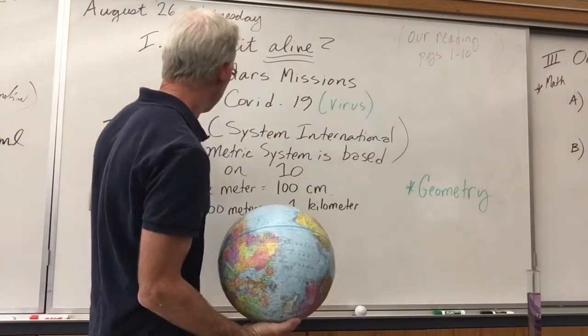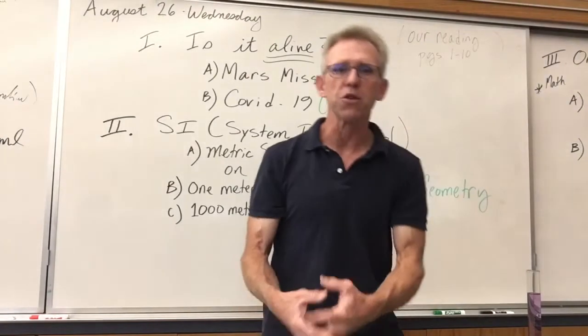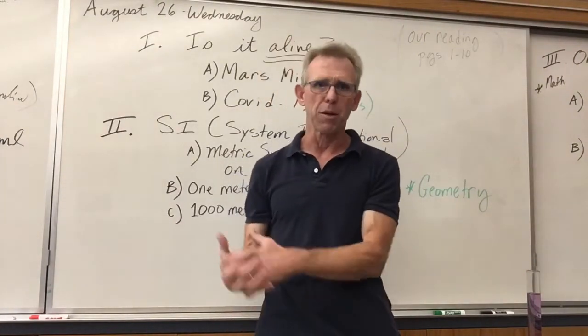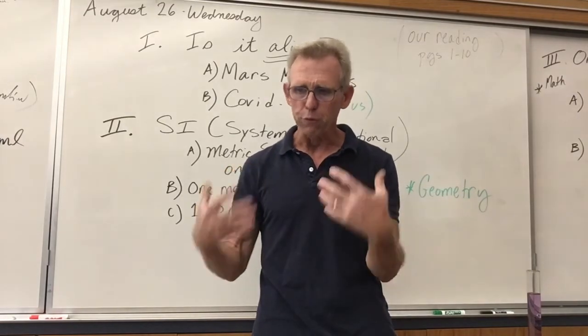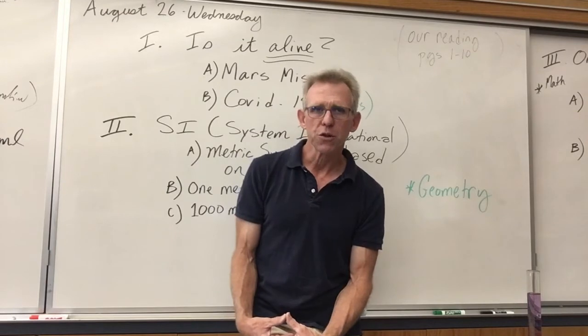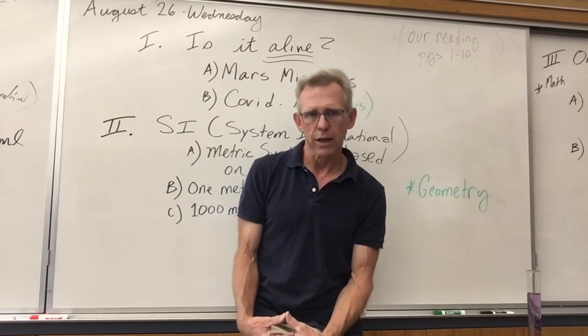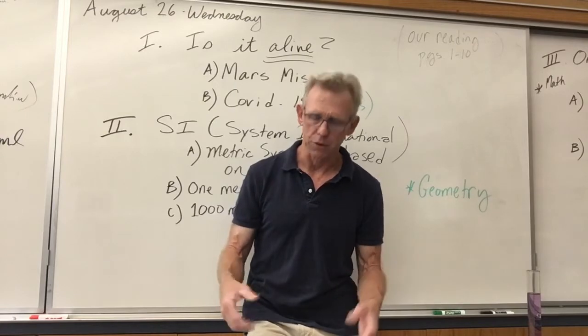They talk a little bit about the metric system in these first couple pages. The System International, I'm using the American spelling up here. It's usually referred to as the metric system here in the United States. The metric system is what we use in science to be consistent from scientist to scientist when we're looking at measurements. Let me give you a quick example.